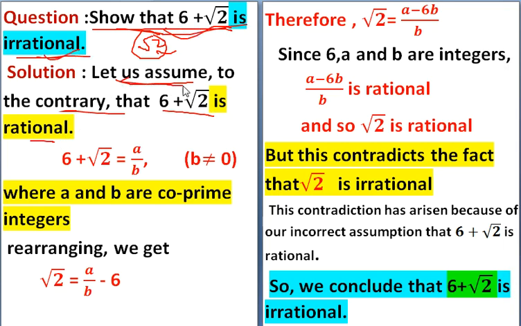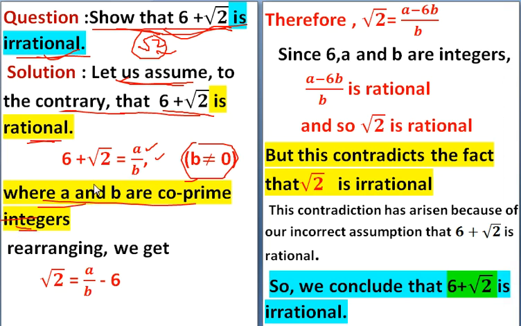We know any rational number can be written in the form a by b or p by q, where the denominator is not equal to 0, and a and b are co-prime integers. You can write only that a and b are integers.